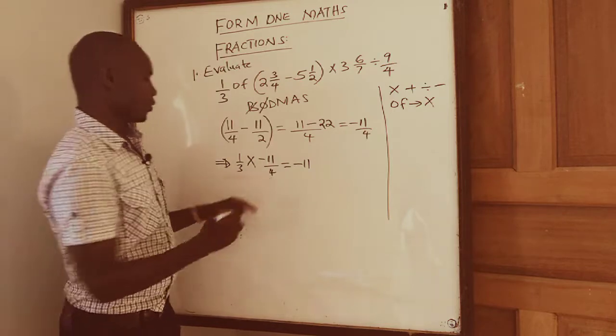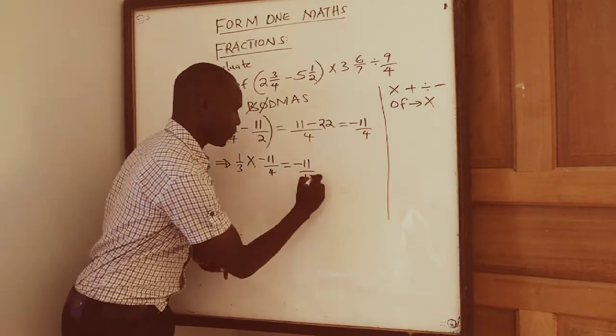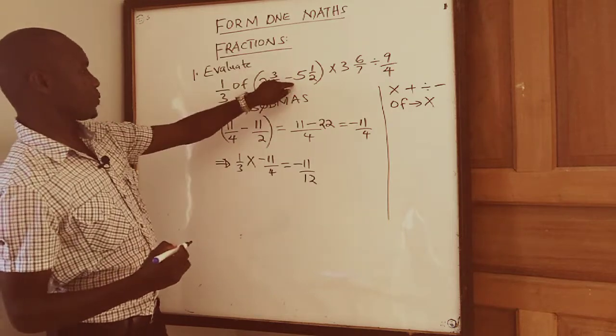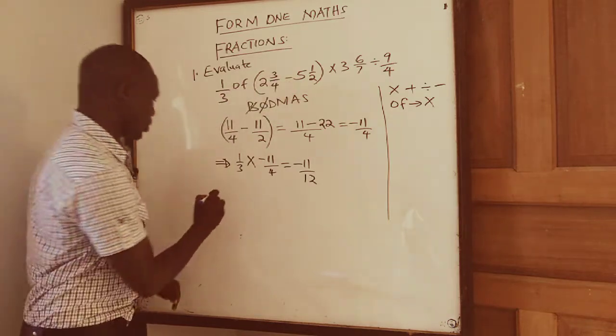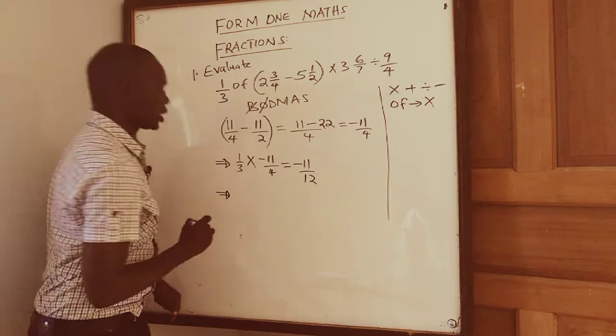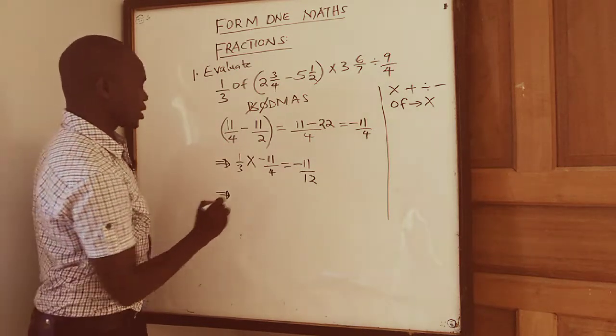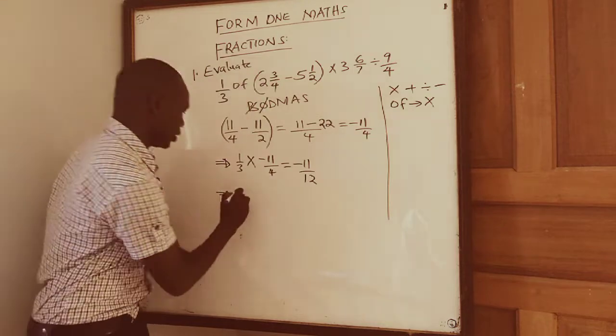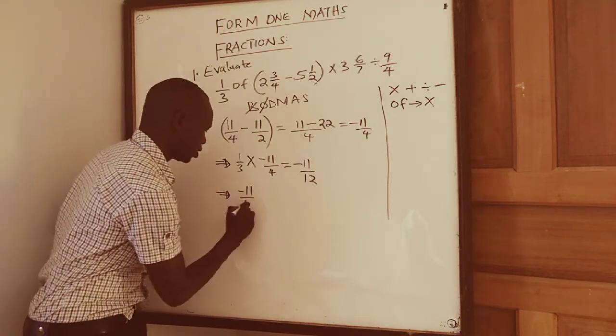Then 3 times 4 will give us 12. So we are through with this part and this part. Now, whatever we have gotten from here and here, we are going to have minus 11 over 12.